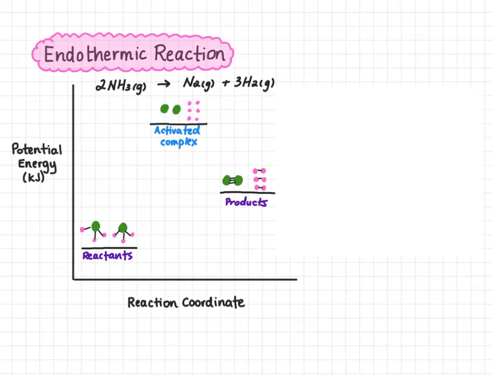Once again, in order for this reaction to occur, we first have to break the bonds in our reactants. So we're going to be breaking 3 nitrogen-hydrogen bonds. Breaking bonds requires an input of energy. So to go from our reactants to our activated complex, there's going to be a net gain in energy.